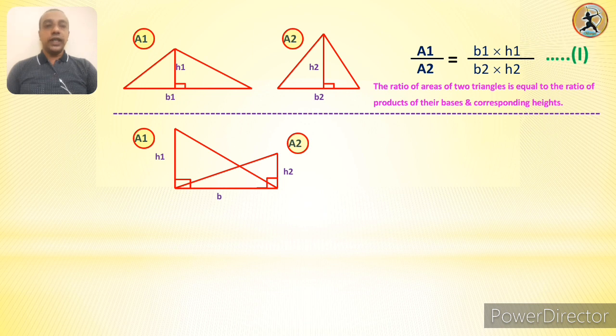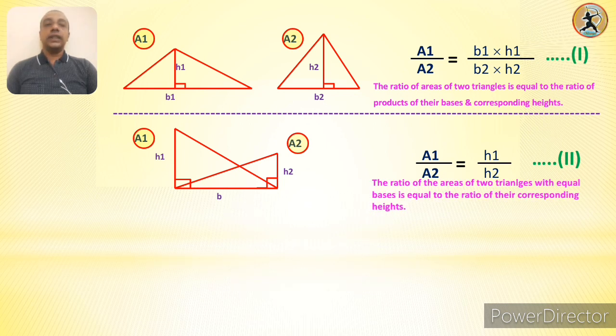Now what will be the ratio of the areas of these two triangles? Here the base is common, so the base will get cancelled and A1 upon A2 becomes H1 upon H2. In other words, we get the second property: the ratio of areas of two triangles having equal base is equal to the ratio of their corresponding heights.